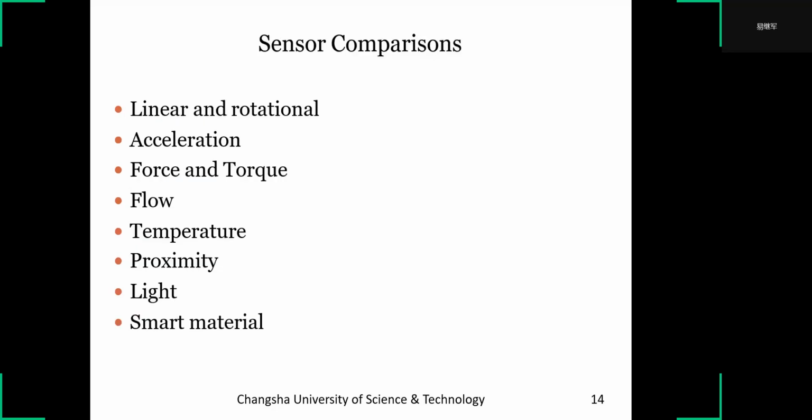Here is some sensor comparison: linear and rotational, acceleration, torque and force, flow, temperature, proximity, light, and smart materials.